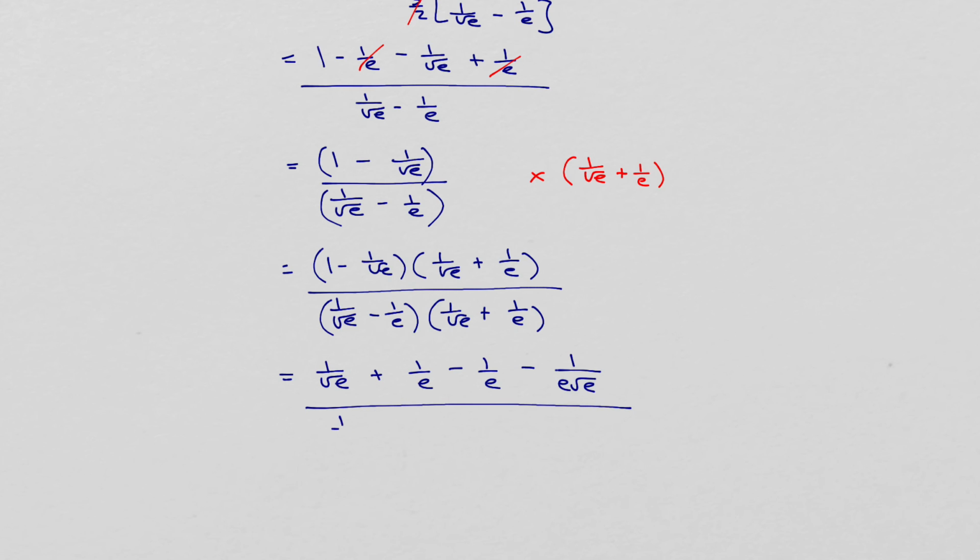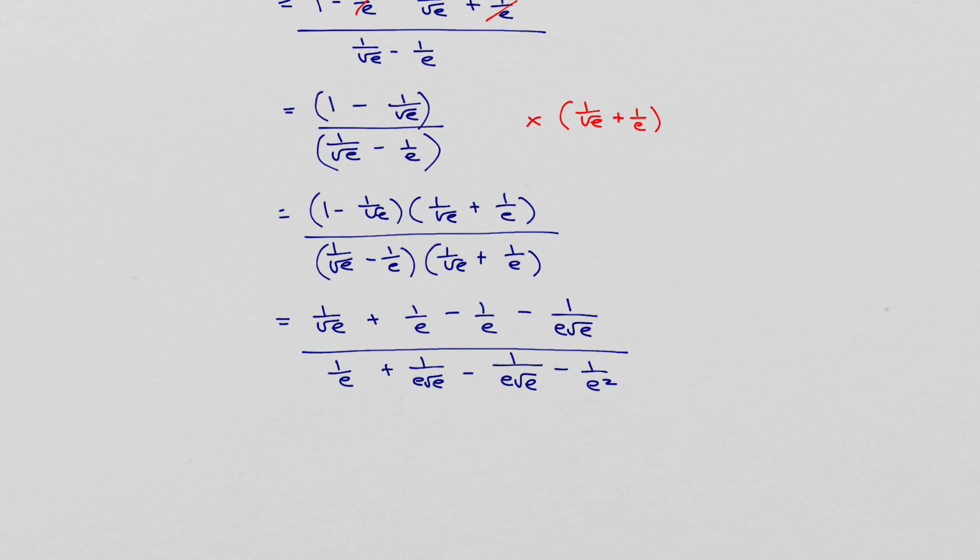On the bottom we have 1 over e plus 1 over e root e minus 1 over e root e minus 1 over e squared. So on the top line then, we're left with 1 over root e minus 1 over e root e. And on the bottom, 1 over e minus 1 over e squared.